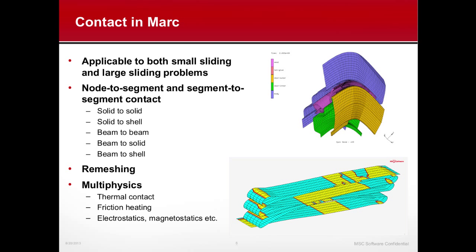And in addition, electrostatics, magnetostatics, or electromagnetics, induction heating, and Joule heating are a few other multiphysics phenomena that Marc addresses. And this is where contact features are quite useful in simplifying the modeling effort and also improves the result accuracy.